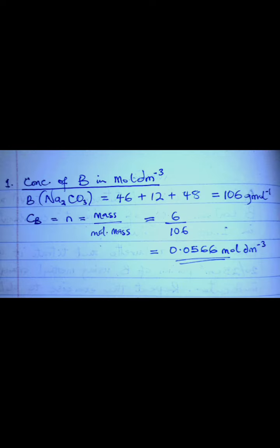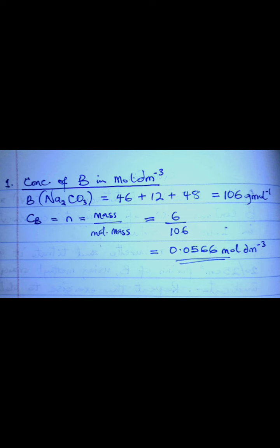All right, so let's solve the first question. Number 1, concentration of B, and B is the sodium carbonate solution, in mole dm cube. Now our B, that's Na2CO3, to find the molar mass: Na, 2 of them, no?